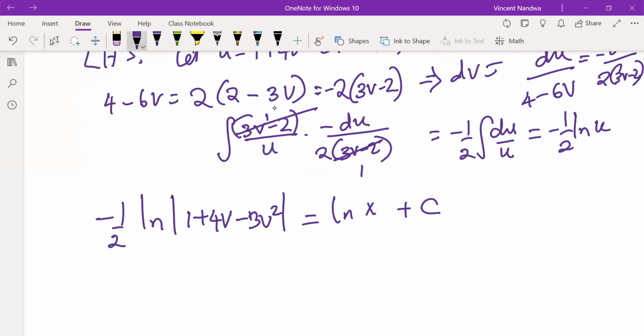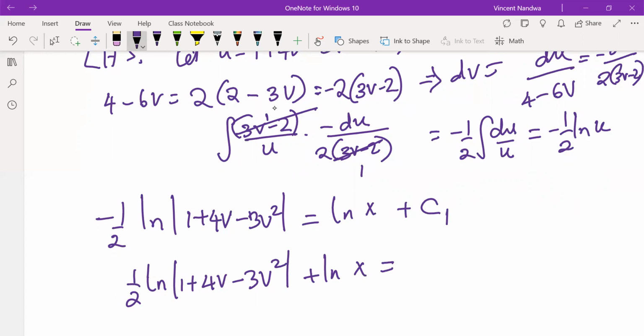Now multiply through by 2, or we can bring this to the left-hand side so that we have ln of (1 + 4v - 3v²) plus ln x equals, let me say this is c1, say c, where c is the same as negative c1.